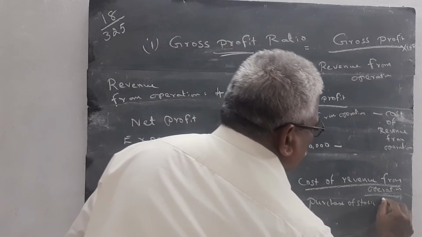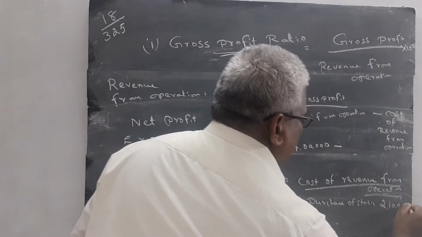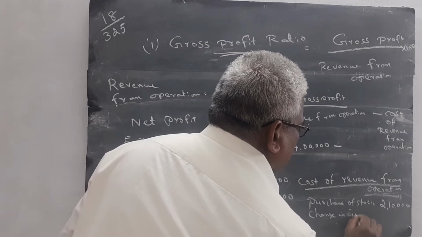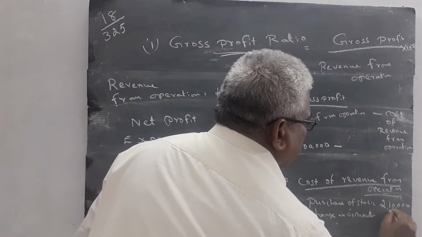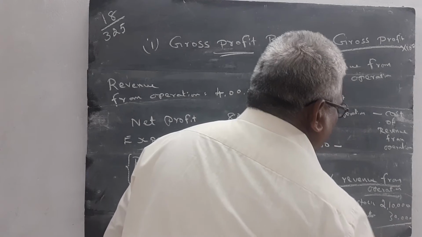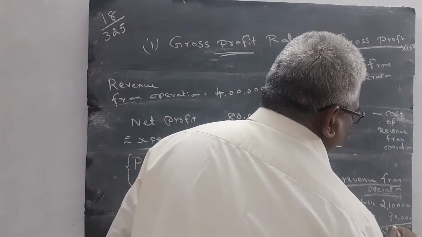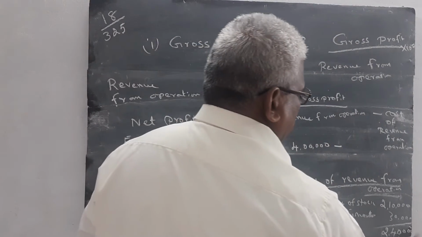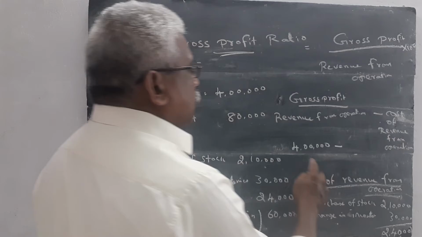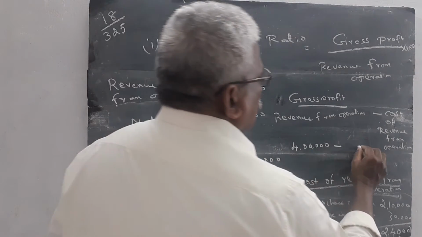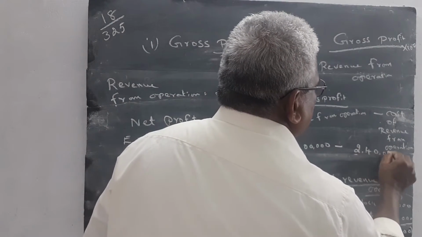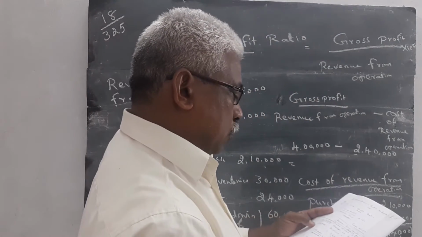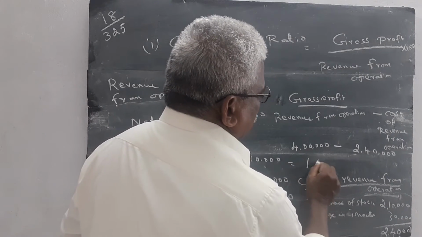Purchase of stock is 2,10,000. Change in inventories is 30,000. So totally cost of revenue from operation is 2,40,000. So 4 lakh minus 2,40,000 is equal to 1,60,000.